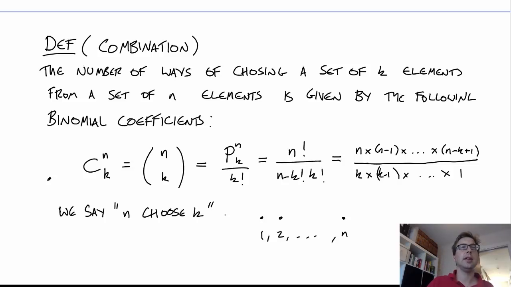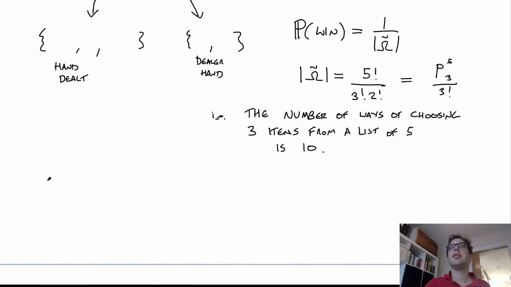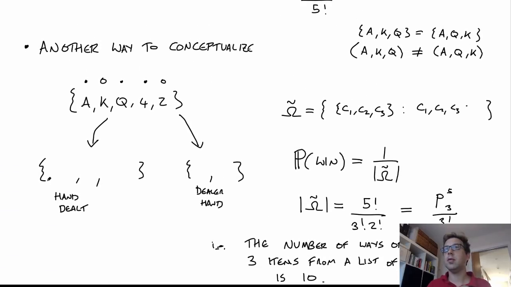And in particular, in our case, the probability of us winning this game of cards was given by 1 over 5 choose 3. Okay?